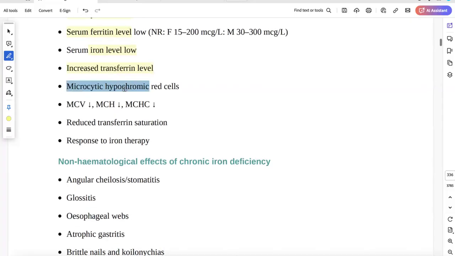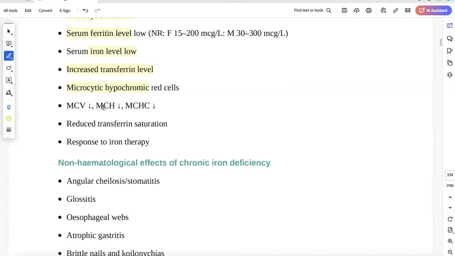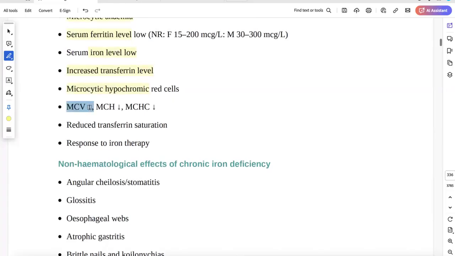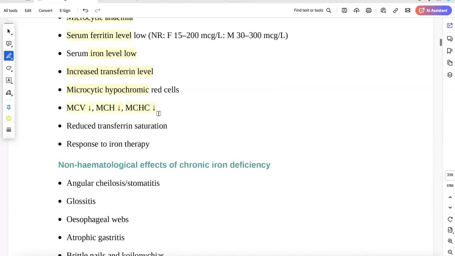Okay, good. So you get microcytic hypochromic red cells, so MCV will be low. In iron deficiency anemia, you also get MCH and MCHC low. MCH is the mean corpuscular hemoglobin, and MCHC is the mean corpuscular hemoglobin concentration.